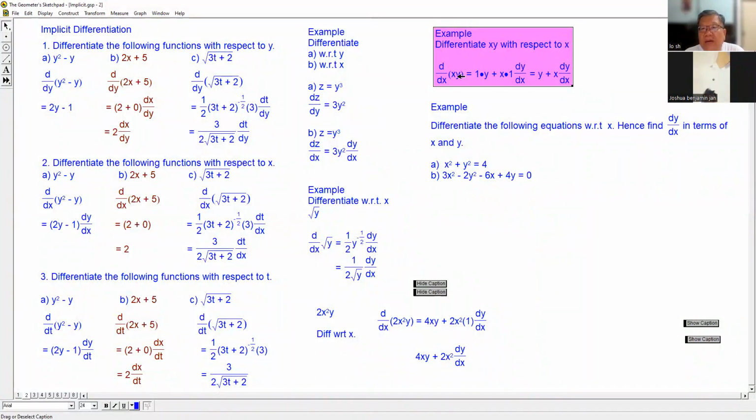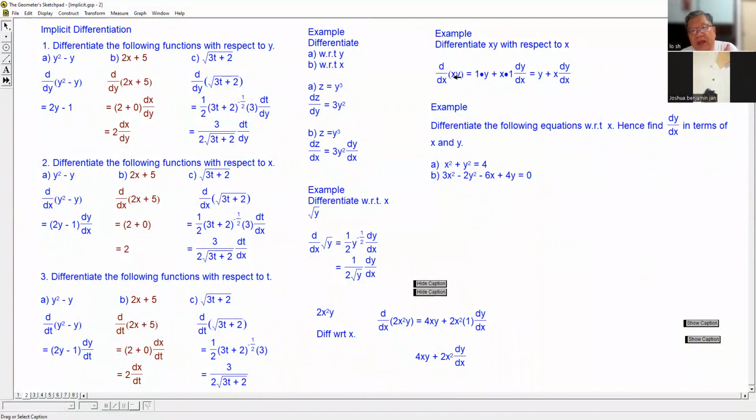So far, can you see what we are going to do? Yes. We are going to differentiate this term xy with respect to x.